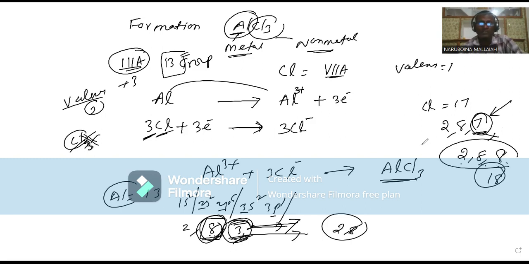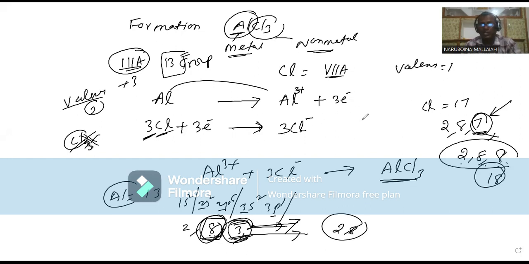So aluminum, by losing 3 electrons, is becoming a cation. Aluminum loses 3 electrons.